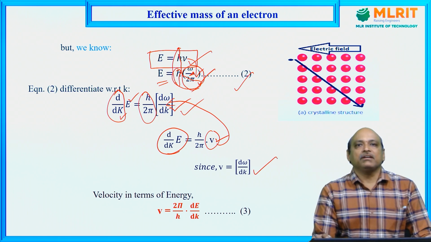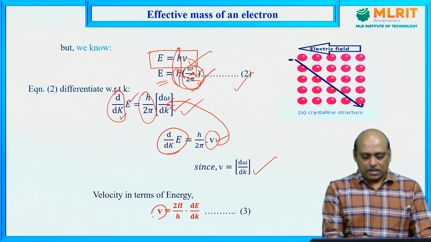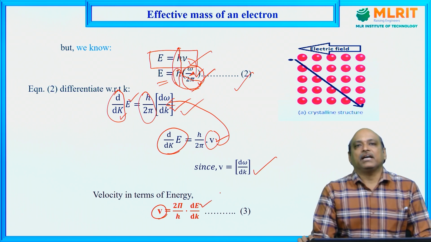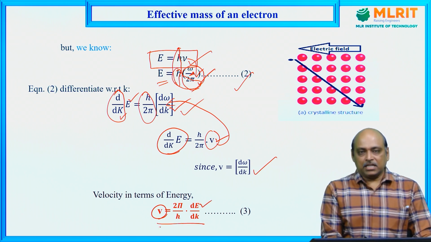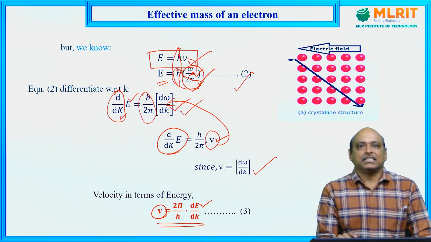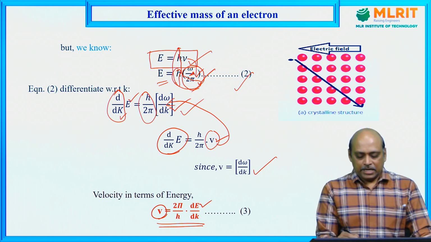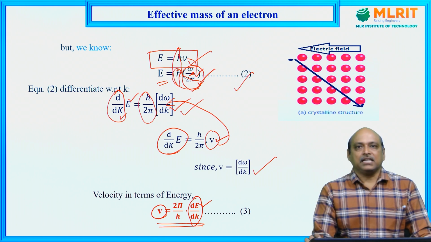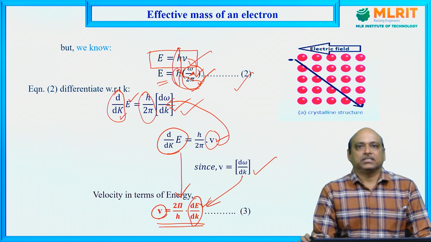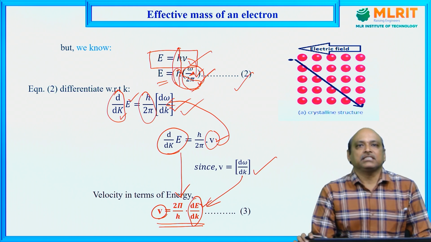Overall we can write the velocity in terms of energy as v equivalent to 2 pi by h, whatever expression above is there, as it is, and dE by dk as an extra. From this we can write it like this. Take that as equation number 3.